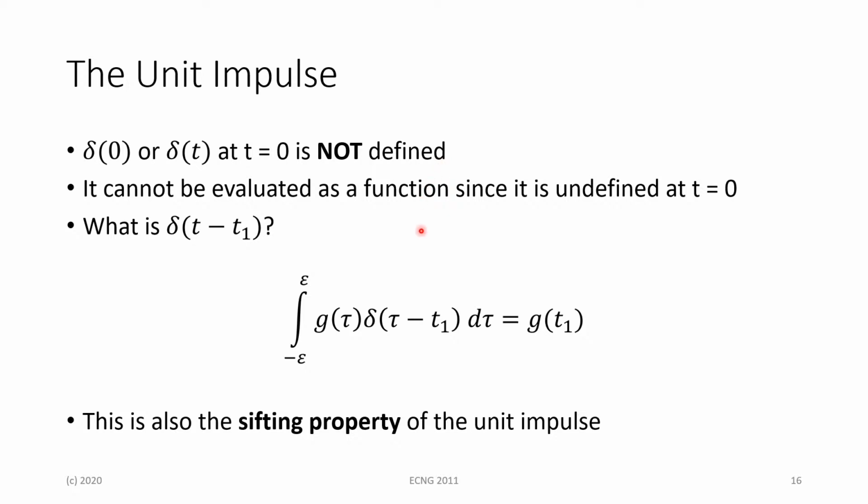We just say it's the unit impulse. If we treat it with a magnitude of 1, it's just an instantaneous value in time at that particular time. It is possible to shift the unit impulse accordingly, so we can say the unit impulse could go t minus t1 or t plus t1. And if we do the integral evaluation for this, we just extract out a particular value for that particular impulse.